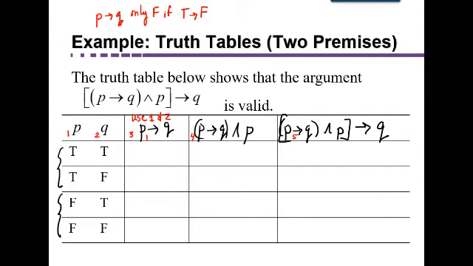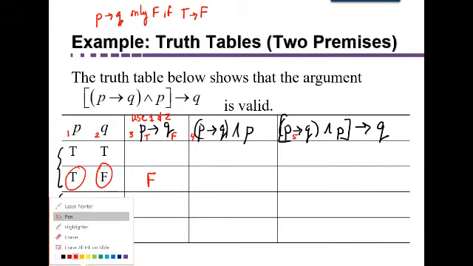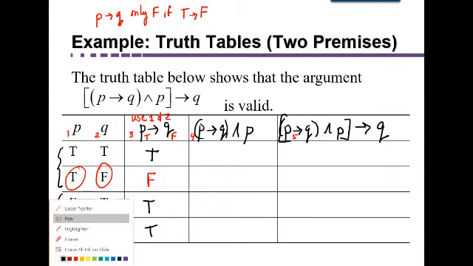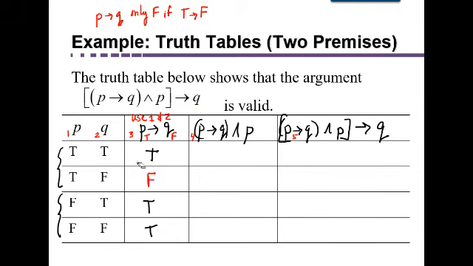So in this case, where does P show up as true while Q shows up as false? Looking at the first two columns, we see that that only happens in the second row. So that's the only place where this column's going to have a false, and then the rest are going to be trues.